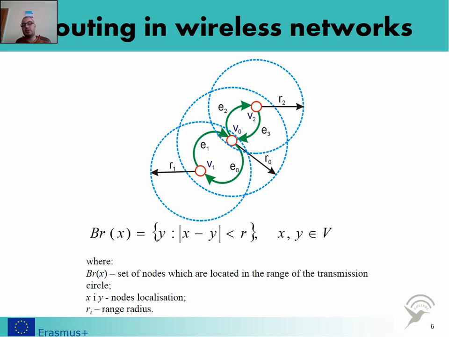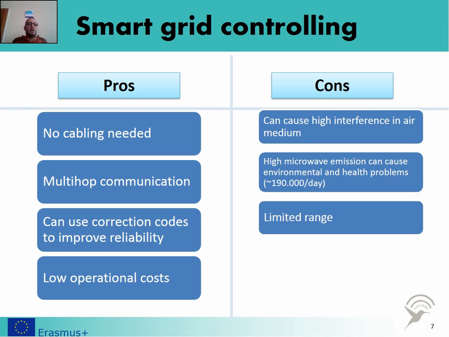These two major problems are faced when implementing wireless routing methods, for example, for smart metering.